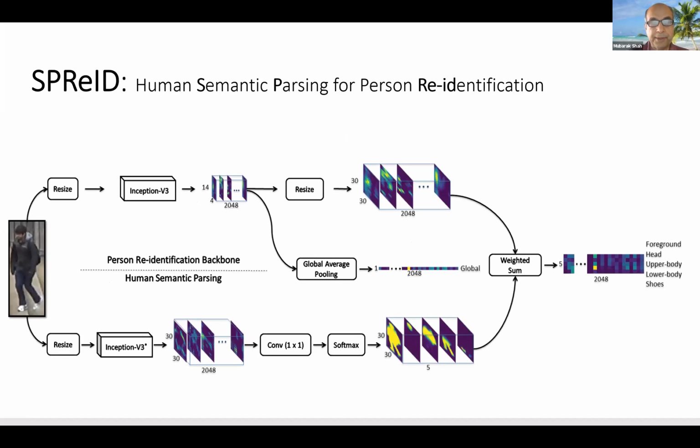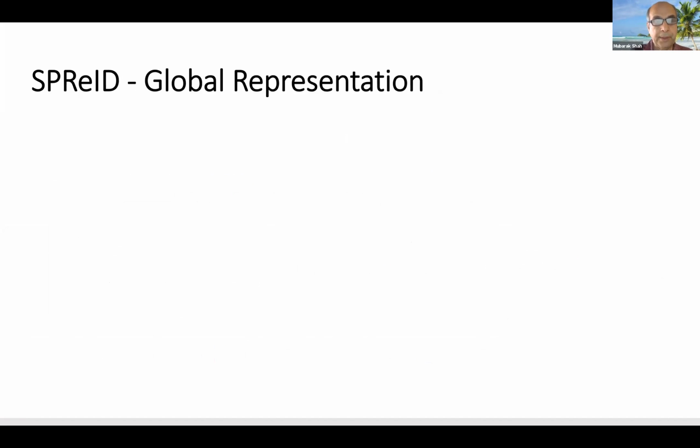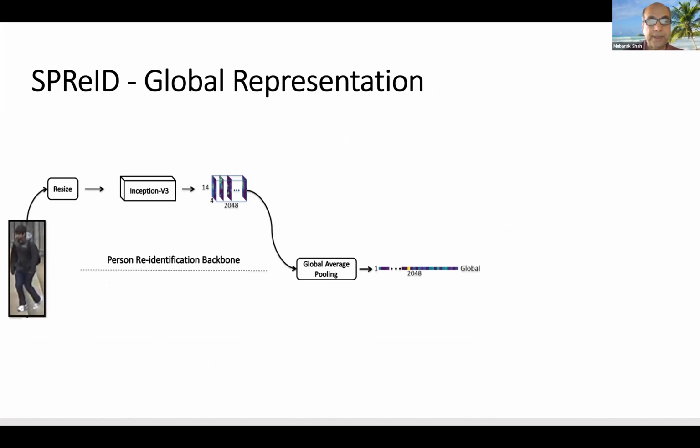This is our network, and it has two parts. The upper part is the standard network: we start with an image, use Inception v3, and get features with 2048 channels. With global average pooling, we get a 2048-dimensional global feature vector for an image.